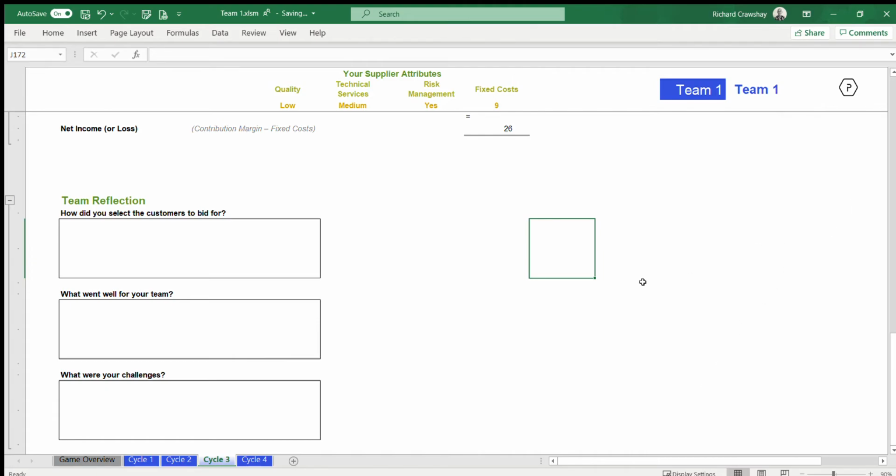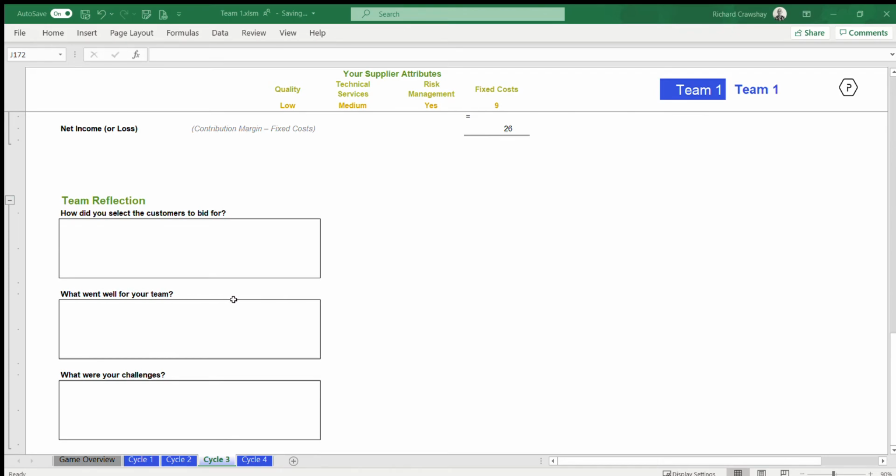Okay, I'm now going to move us to the facilitator's view of that market so we can see the overall score. Team 1 won 3 orders, with sales of 63 and a net income of 26, with 2 left on the table, so it could have been 28. Team 2 did equally well.